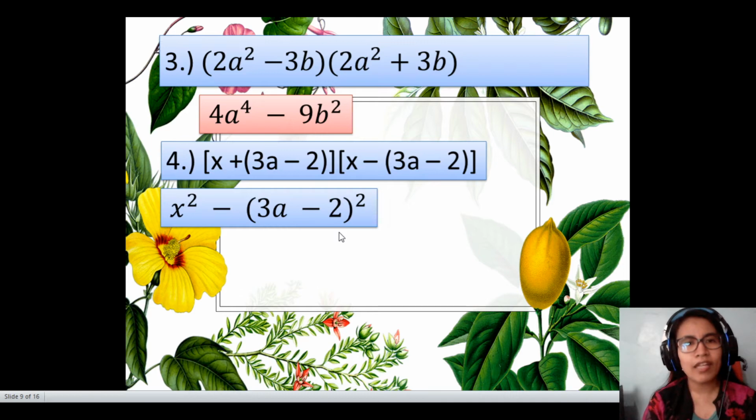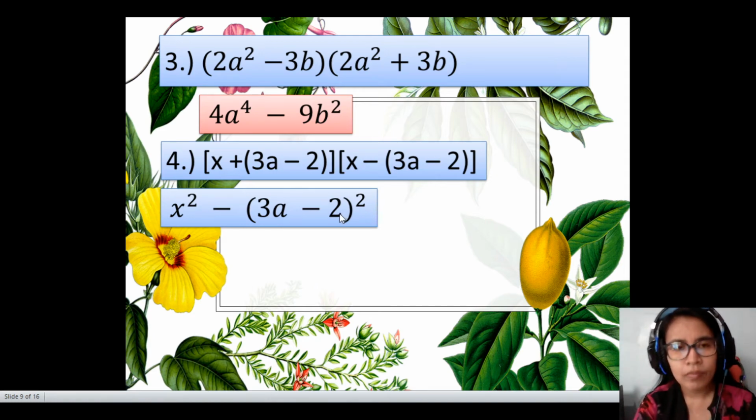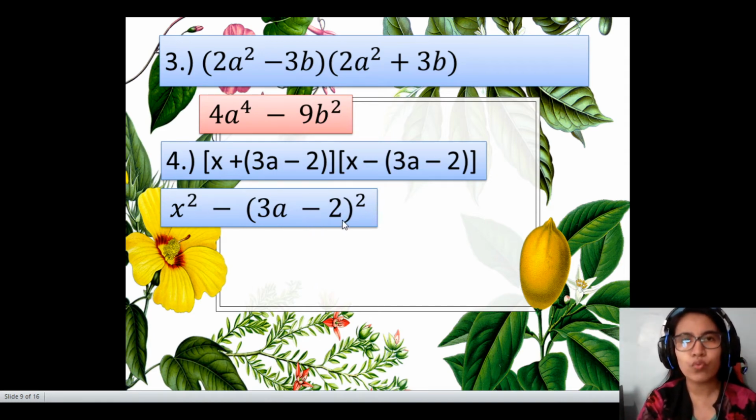So just copy the x squared first, then minus, then apply our square of binomial. So we have 3a times 3a, which will give me 9a squared. Then next is 3a times negative 2, which will give me negative 6a, times 2 will give me negative 12a. Then the last term is negative 2 times negative 2, which will give me positive 4.